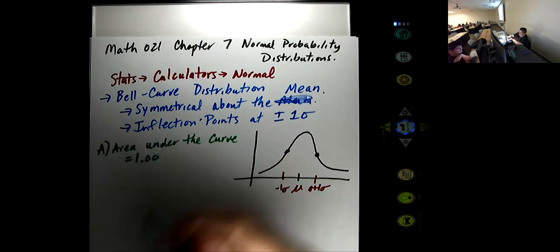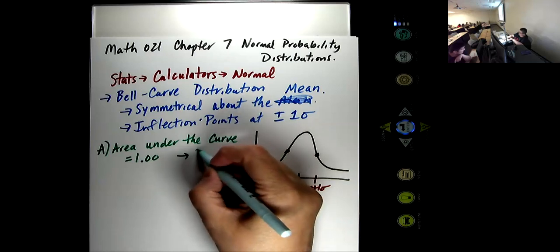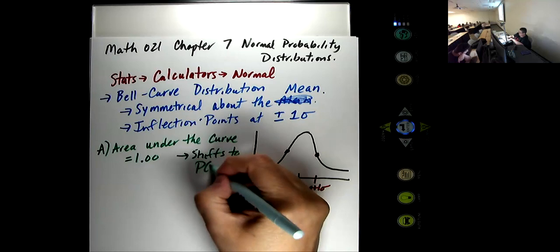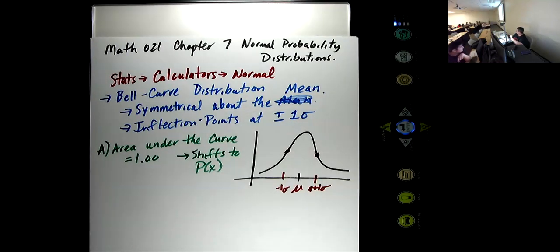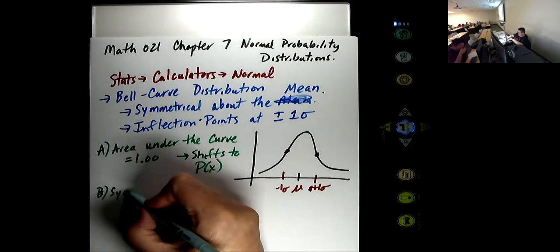So this easily shifts to probability, because the area is between 0 and 1. So we have portions of the area, we have probabilities less than 1. I already said one of them, it's symmetric about the mean, median, mode.